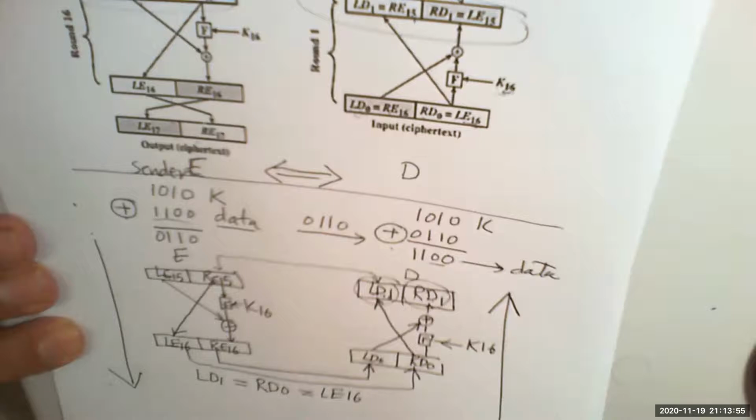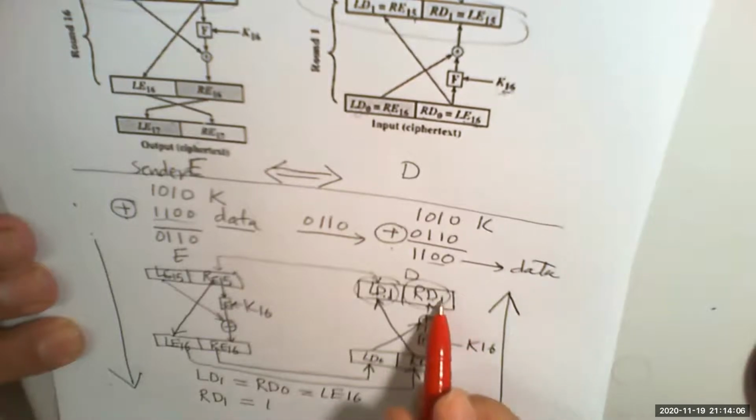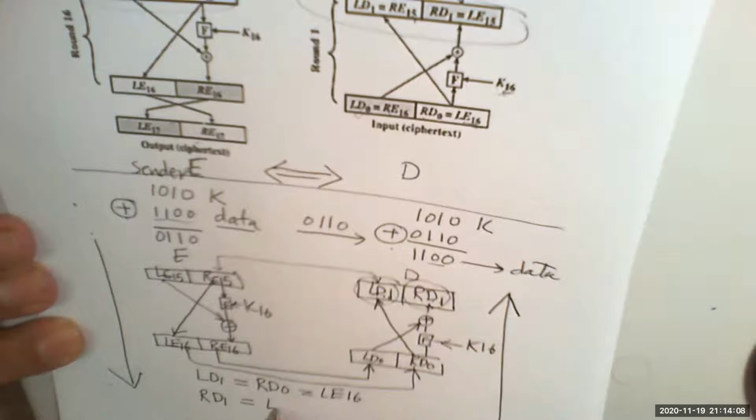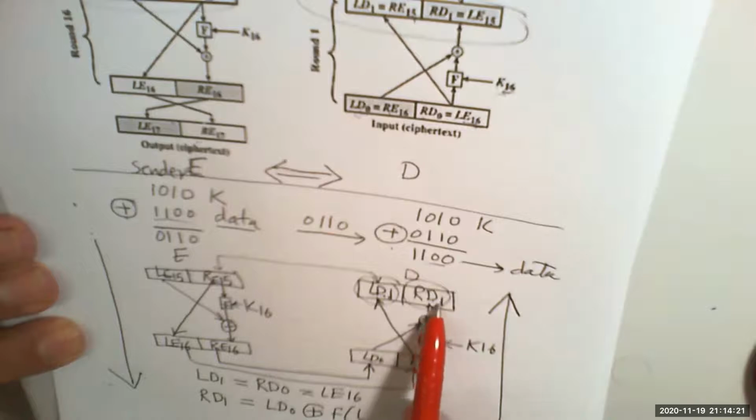Okay, and RD1 is exactly LD0 XOR the output of the function F of LD0. Sorry, this is RD0.